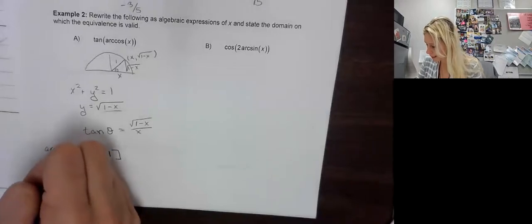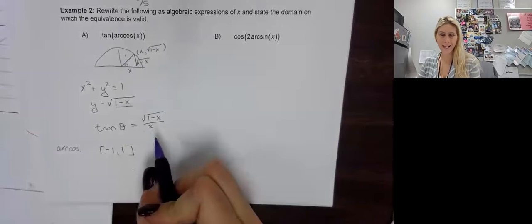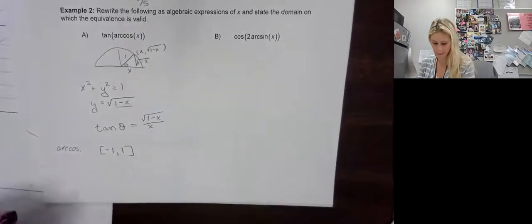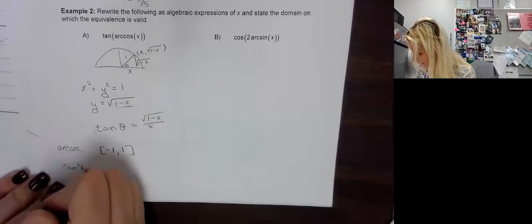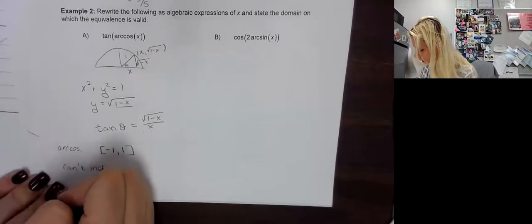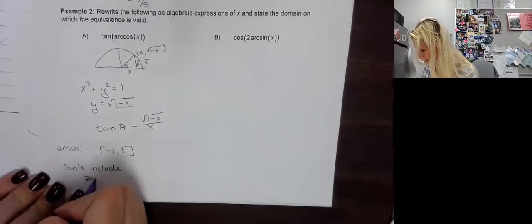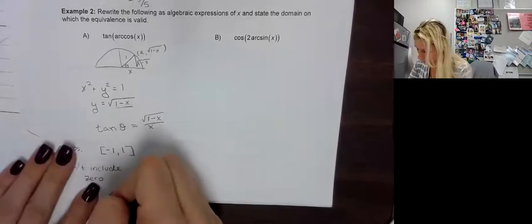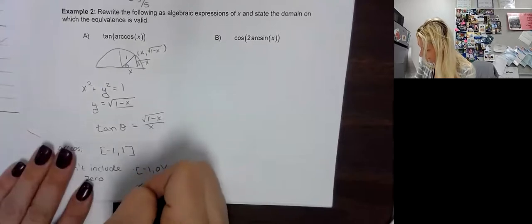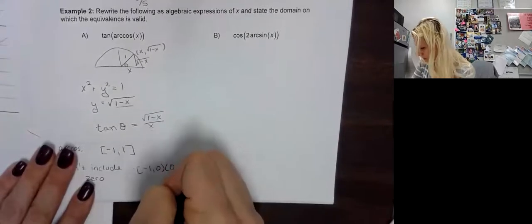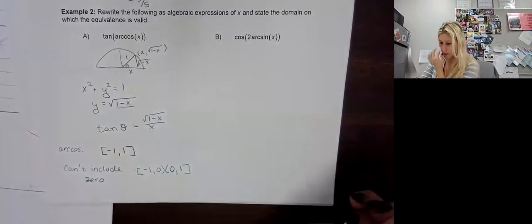What can't happen in the denominator? Well, it can't be 0. So you have to look at both parts to see where your domain is restricted. That means we're going from negative 1 to 0 and 0 to 1. And we are done.